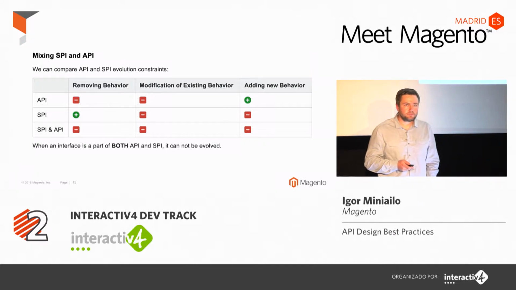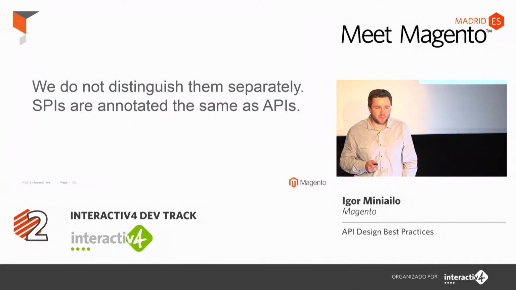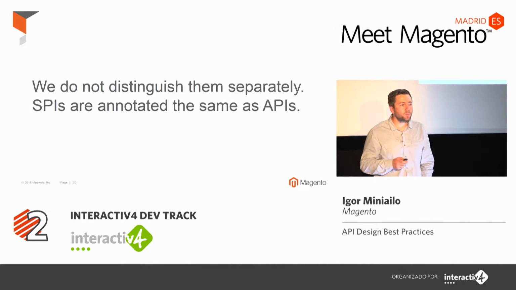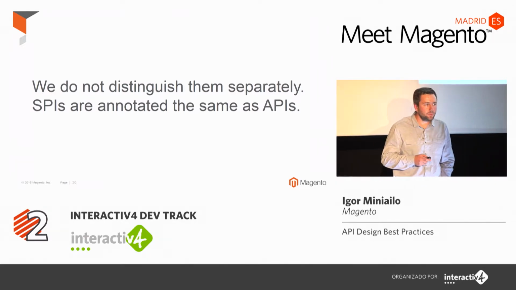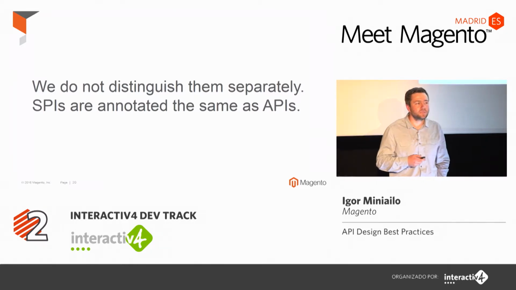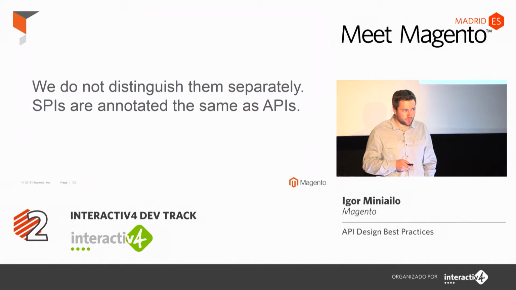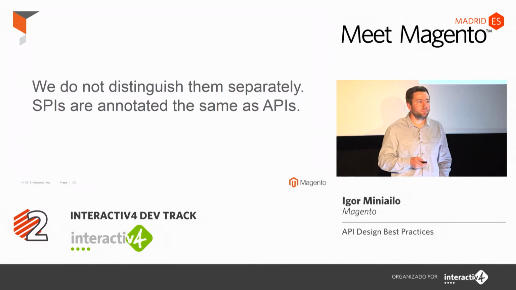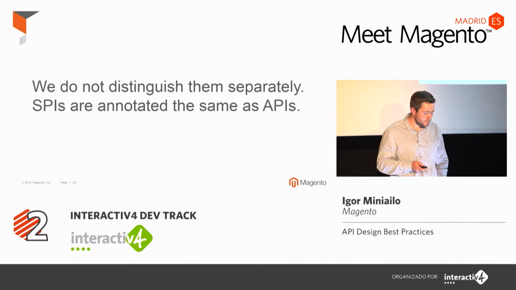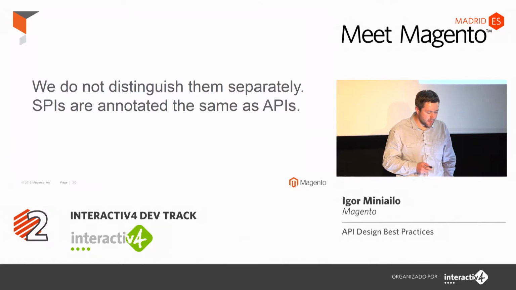And regarding Magento, in Magento we mix up API and SPI, so we don't differentiate between them. What it literally means is that if we release an interface in some release, we are not allowed to change it anymore, because if we change it, we will break some extension or some existing code relying on the contract.